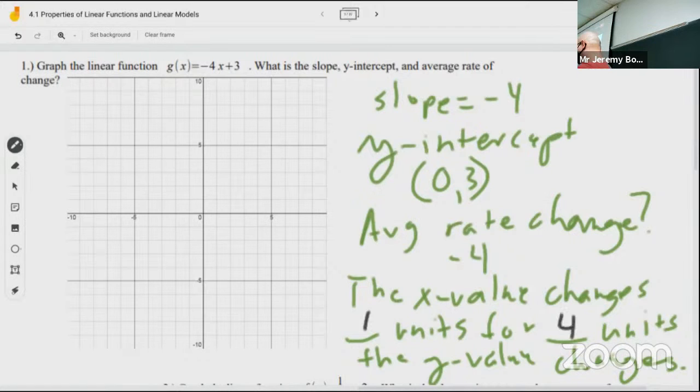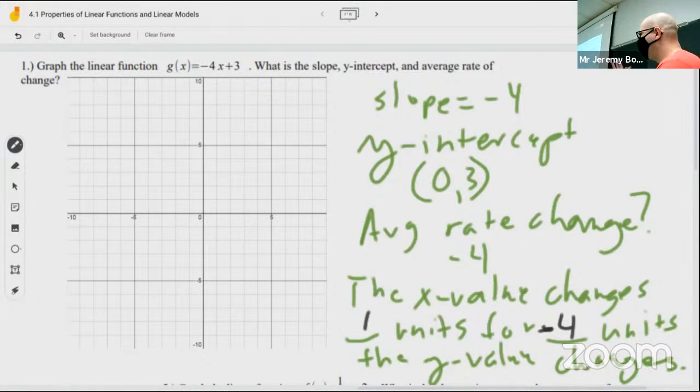The only thing is that it's negative, right? So we gotta make one of them negative. So would you say 1 to 4 instead of 4 to 1? Yeah, I mean, it depends on how you're wording it, right? So if you're saying that y is changing and then x is changing, it'd be -4 to 1. If you say x is changing this much and y is changing this much, then it's 1 to -4. So it depends how it's written. But I just want you to be able to interpret it.